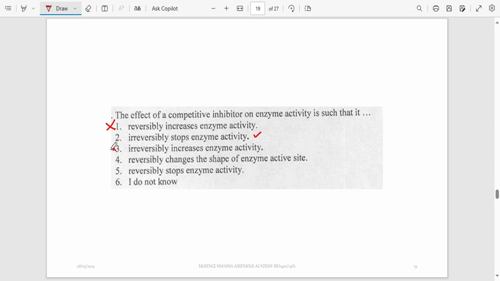And then reversibly changes the shape of the active site. Is that true? Okay. Since you've said no, I've put an X. And then reversibly stops enzyme activity. Is that true? Okay, no. You say. Yes, Cecilia.